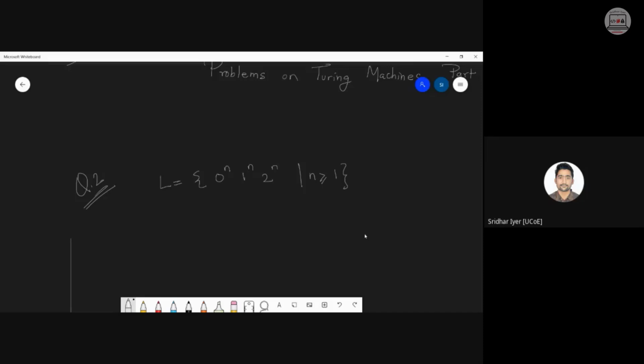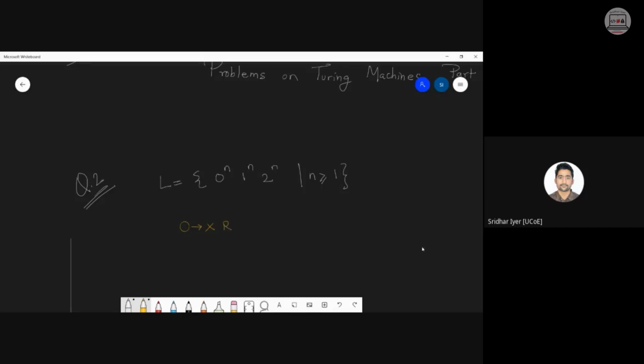What we are trying to do is, previous question कैसा था, same to same question attempt करना है आपको. Just you have to add one extra bit. In the last question we had, for each 0 replace it by x and move right. For each 1 replace it by y and move left. ऐसा कुछ था, right? But in this case, what is happening? We are having one extra bit over here. So what we need to do is, for each 0, we have to replace it by x and move right.